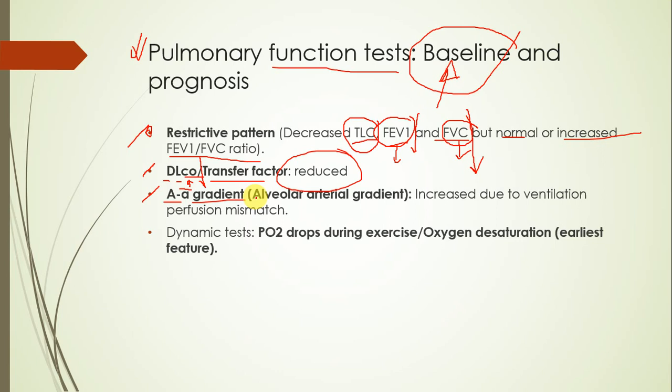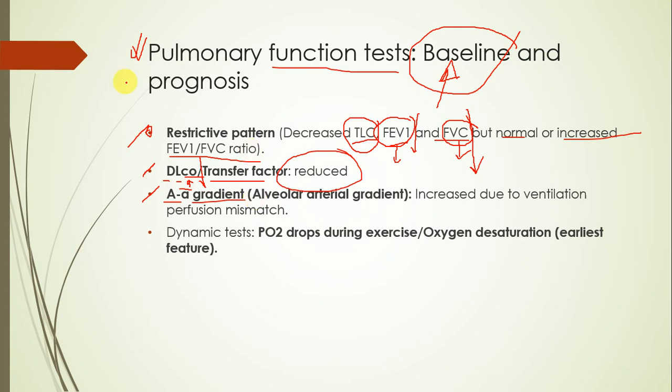In between lies the great wall of fibrotic bands. So that's why the oxygen from the alveoli cannot pass into the pulmonary arteries. So oxygen concentration is higher in the alveoli but very low in the arteries, leading to a very high A-a gradient.